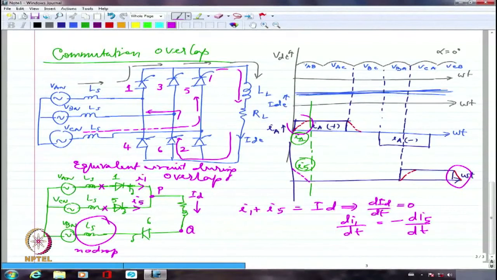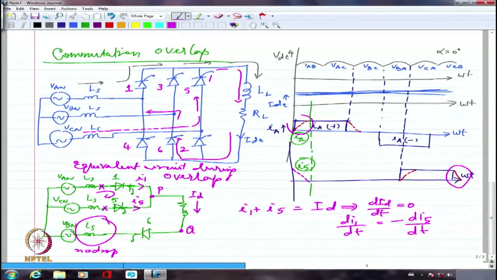The voltage at this point is VAN minus L into dI1 by dt, and similarly here it is VCN plus L into dI5 by dt, because I5 is falling. Let me first see whether I can write the KVL equation for this, which is simpler.